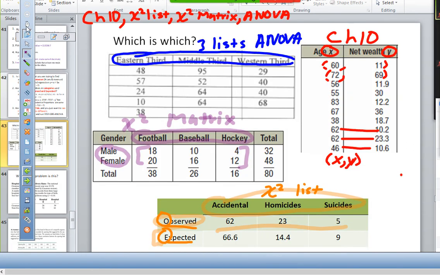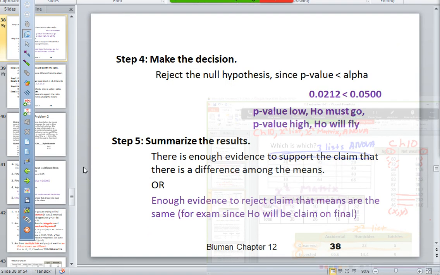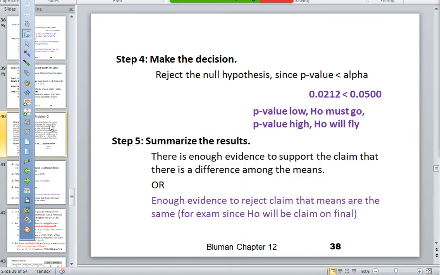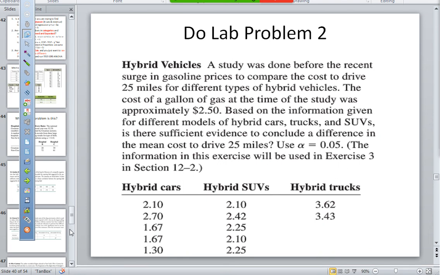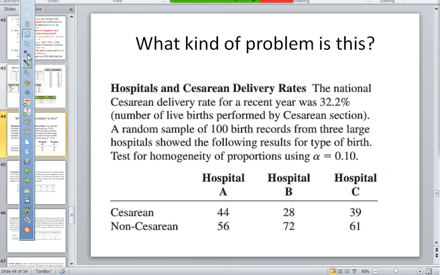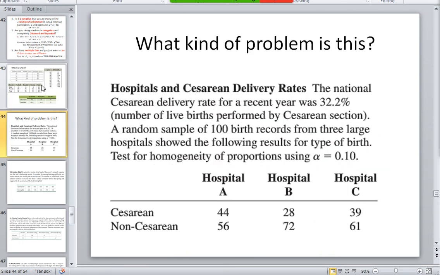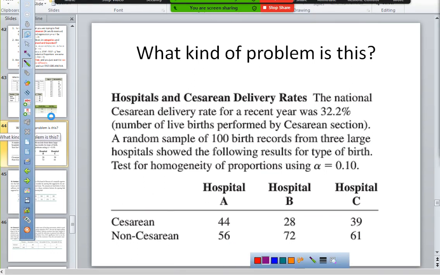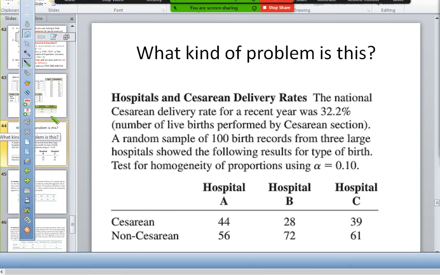Okay, so let's go ahead and hop into these problems here. I want to take 15 seconds and try to figure out what kind of problem this is. You can do it visually, you can do it from the words, you can do it from any sorts of different things.